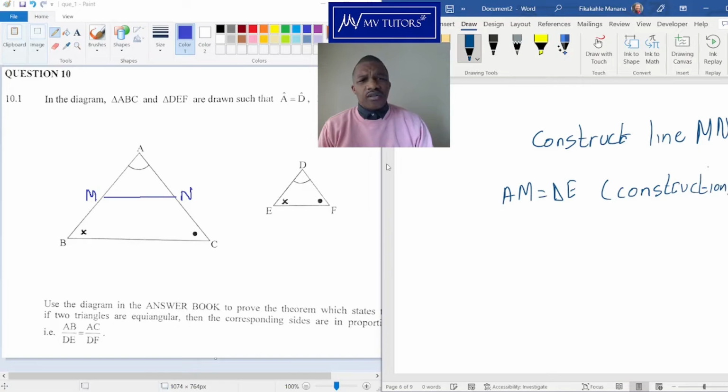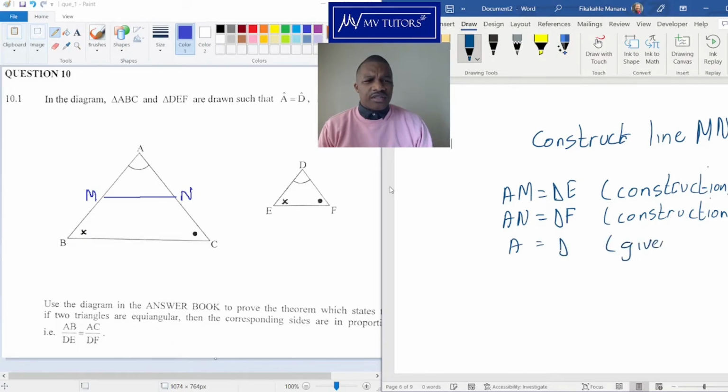Also, AN is equal to DF, construction as well. And then the angle A is equal to the angle D, that's given. The reason is it's given.